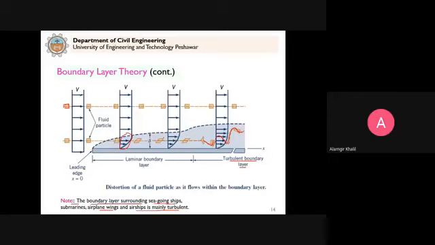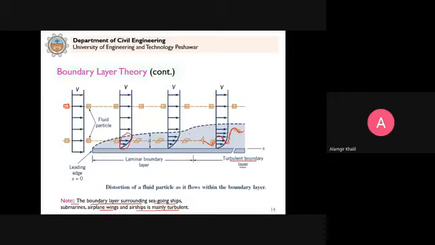Earlier in pipe flow, we treated the velocity in a laminar flow as one-dimensional. But when we come to turbulent flows, it was essentially three-dimensional. That makes the situation complex. Same is the situation here.